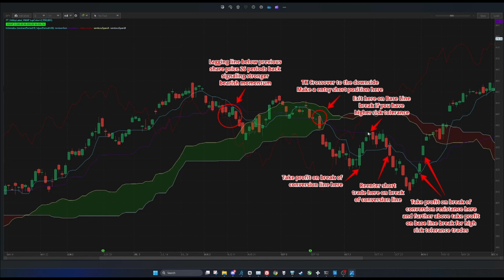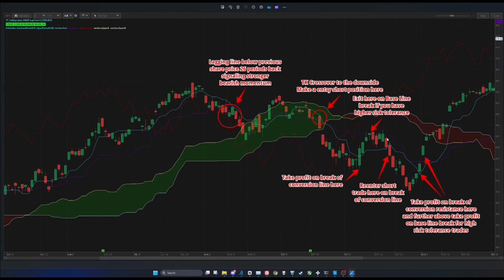Now, remember, as long as the TK crossover, either to the upside or the downside, is still in effect, as in the conversion line is still beneath the Kijun-sen baseline in this example with the TK crossover to the downside, and your share price breaks beneath the conversion line, which is the Tenkan-sen, the blue line here, you can still get back in.